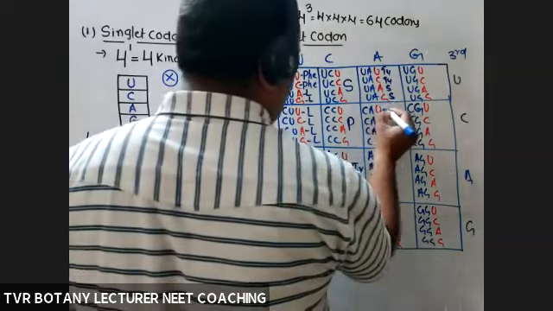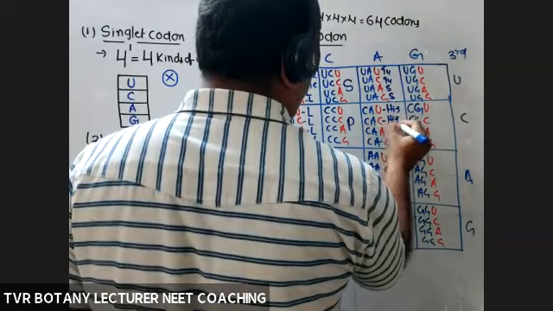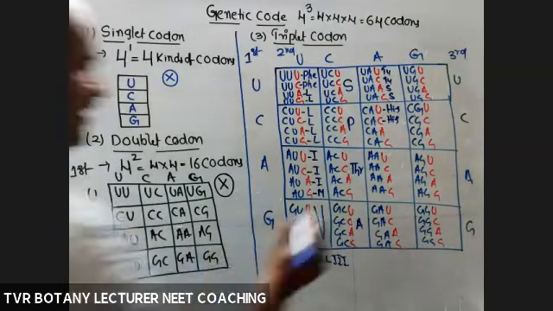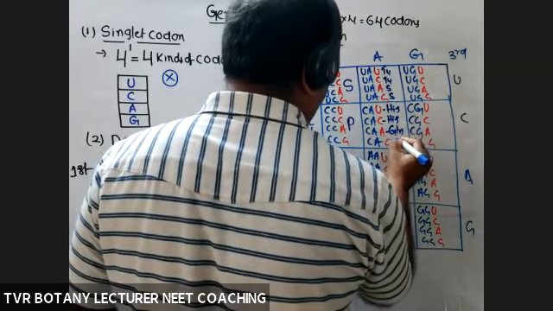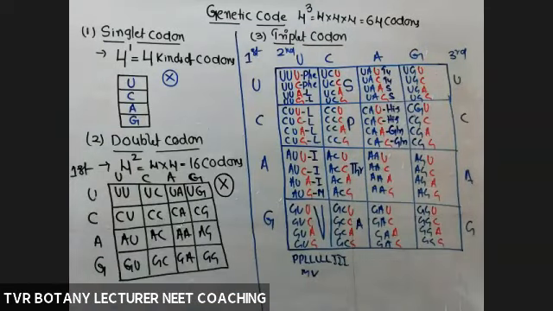Next, histidine, HIS. Next, glutamine, GLN. So in the third column, the second box is a little bit difficult: histidine, glutamine.